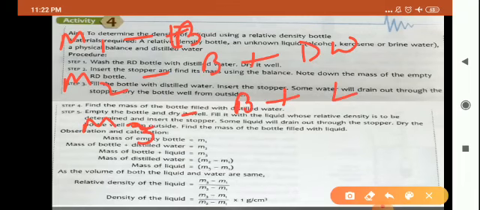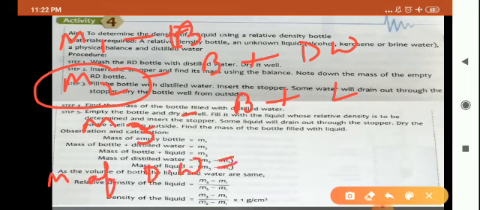Now suppose children, if you need to find the mass of the distilled water, then what will you do? Can we subtract M1 from M2, that is M2 minus M1, or not? The same thing is given in your book.